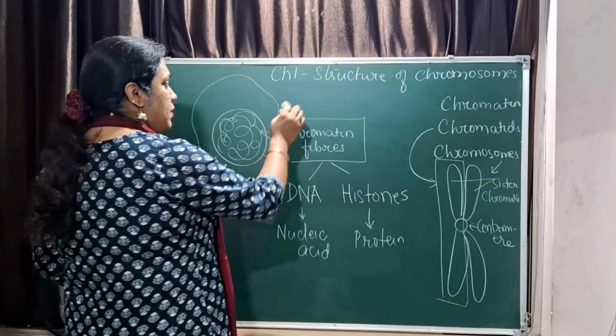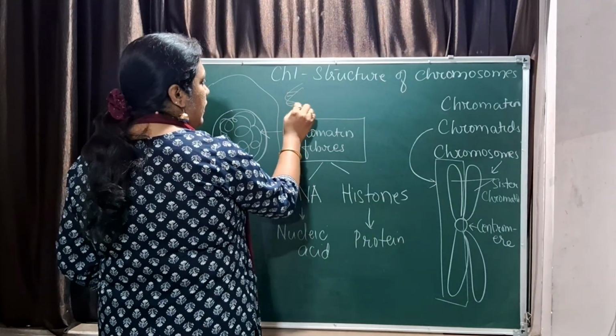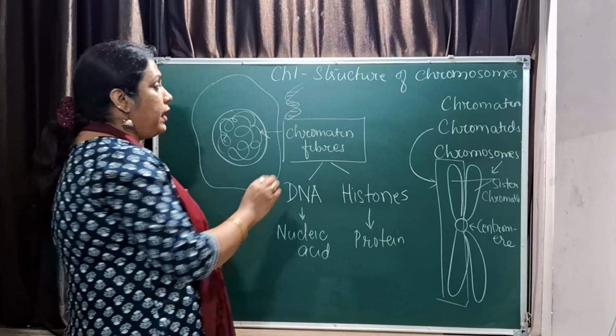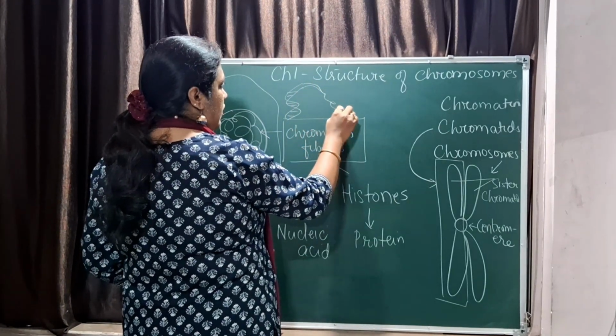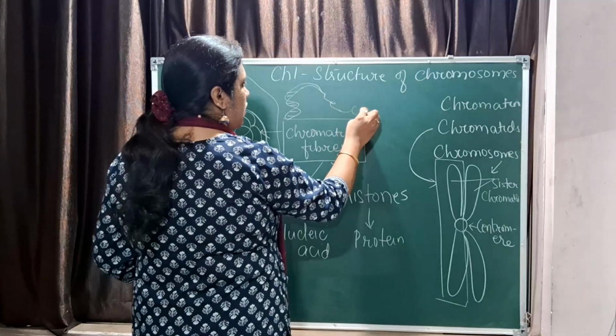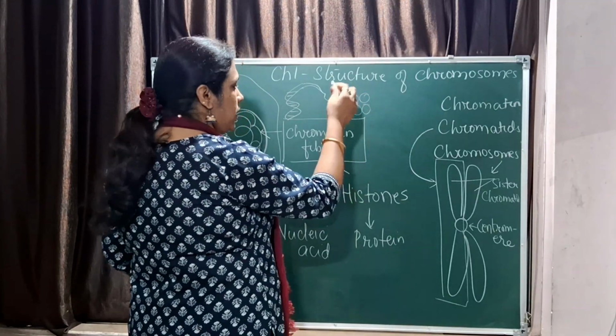So generally what happens, your DNA, we will talk about the DNA structure, is a double helical structure. Okay. It forms a thread-like structure. And it goes around 8 histone proteins, 4 on the other side.